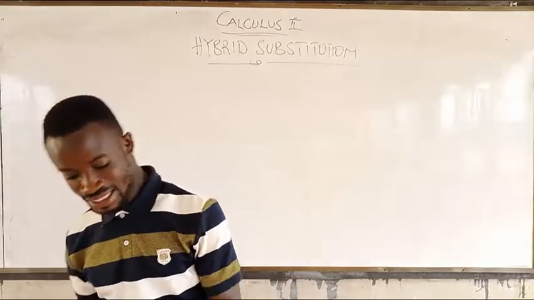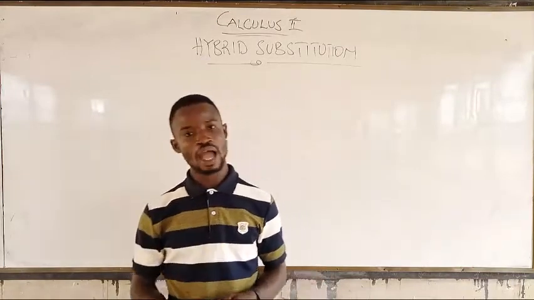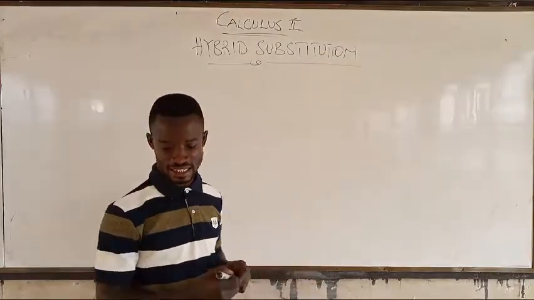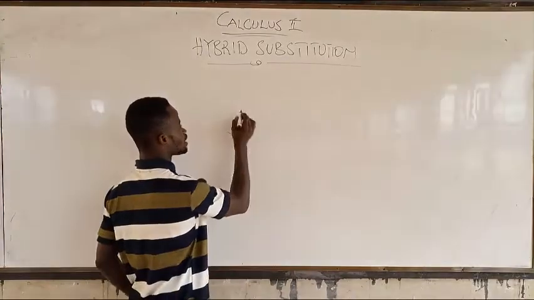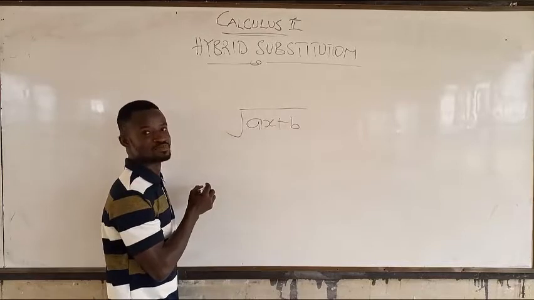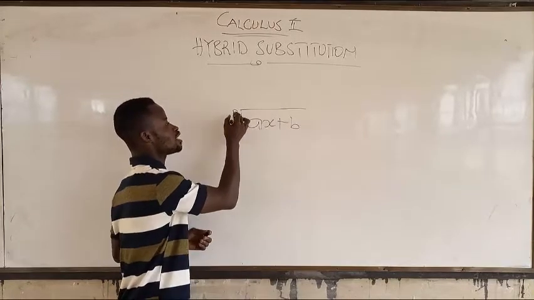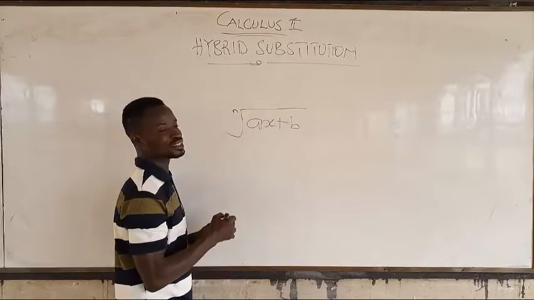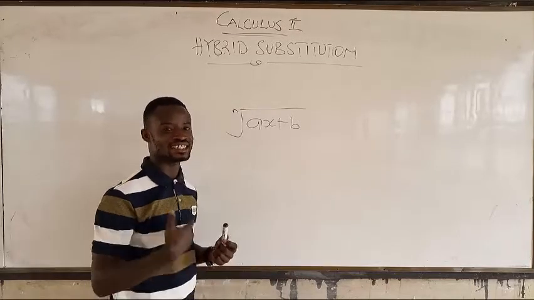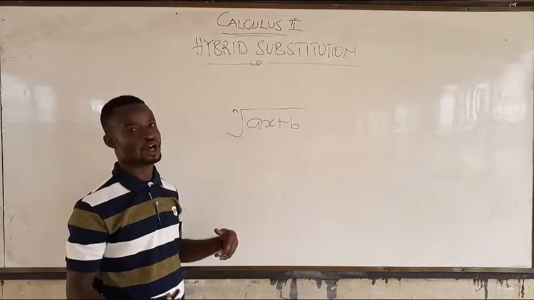Now, let us consider examples where the integral involves the nth root of ax plus b. When we write just a square root, it means the index is 2, but we don't write it.